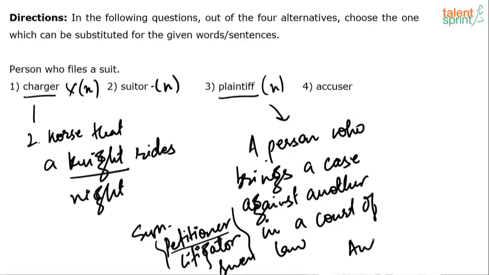Now let's look at the antonyms of plaintiff. Yes, someone who files a petition in court. You guys are right. Now, what will be the antonyms? Someone who defends. So, defendant and respondent are the two antonyms of it. Now let's go to the next word, shall we?